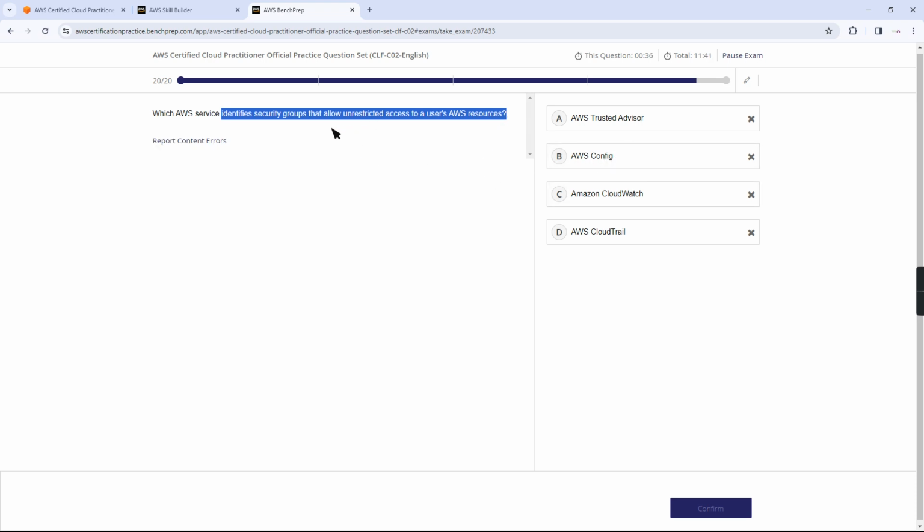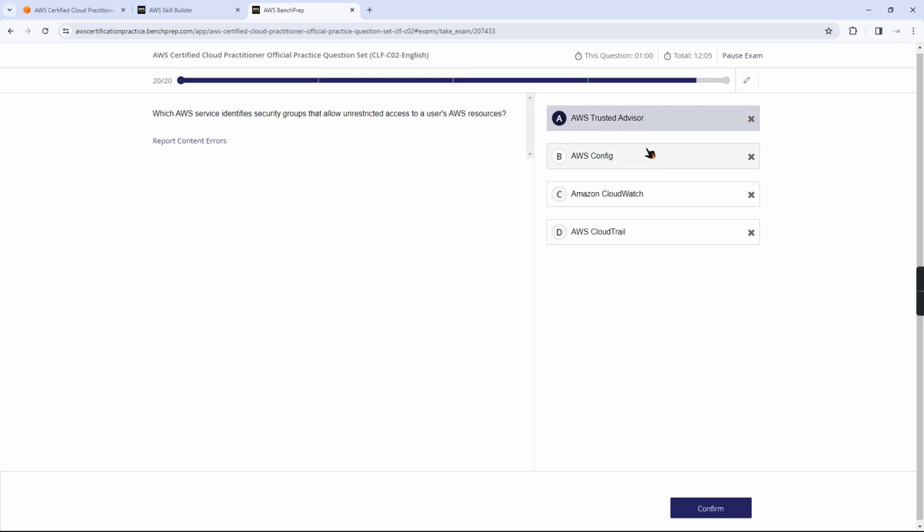Tricky one. Config can be the right choice. But typically Config will provide me the opportunity to identify security group changes. Say if I have already configured Config rules against the security group, whenever a change is made to the security group, it will notify me. That is possible with Config, but identifying security groups that allow unrestricted access.